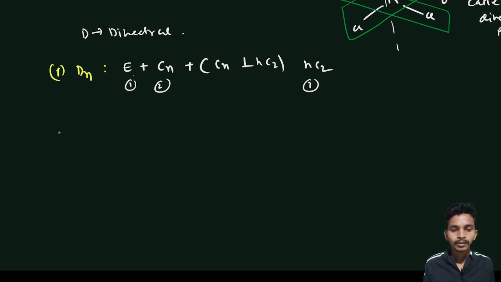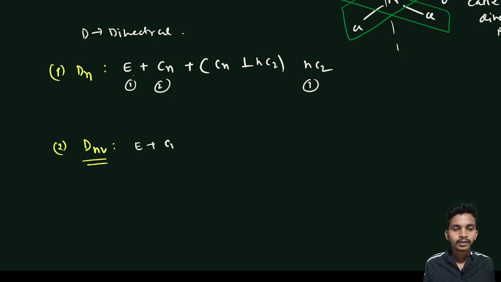And if I talk about the second group, let's say Dnd point groups, what elements are present here?